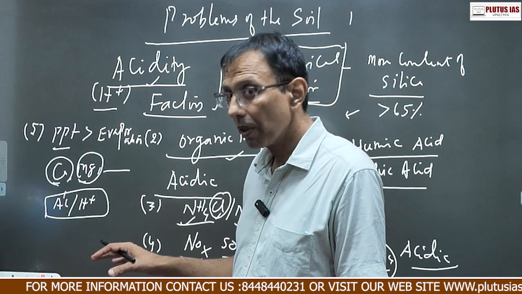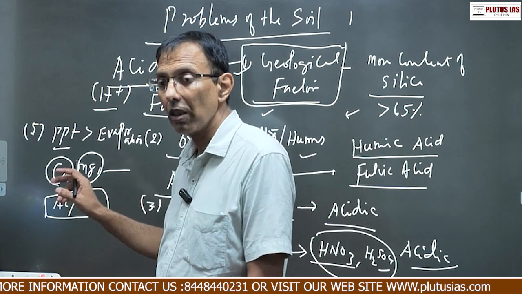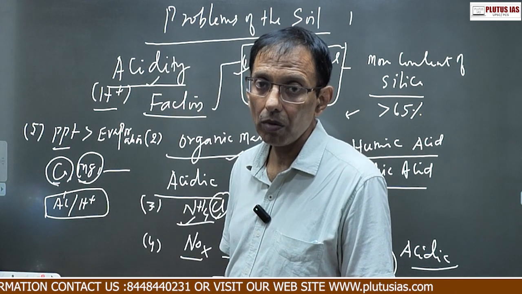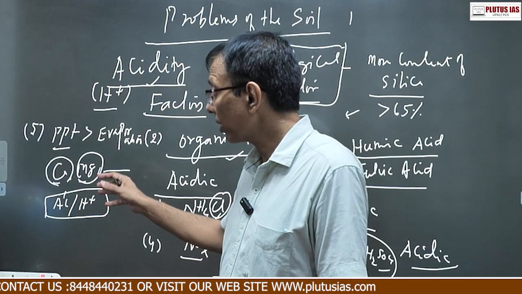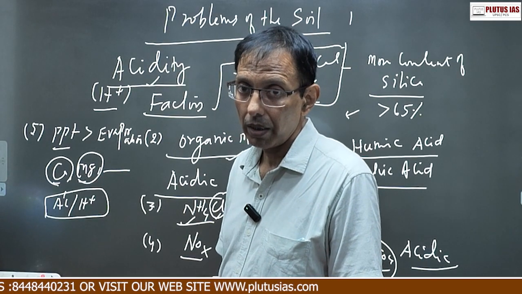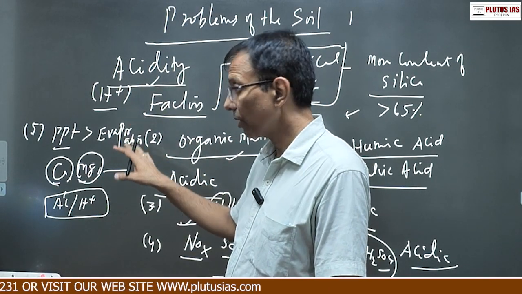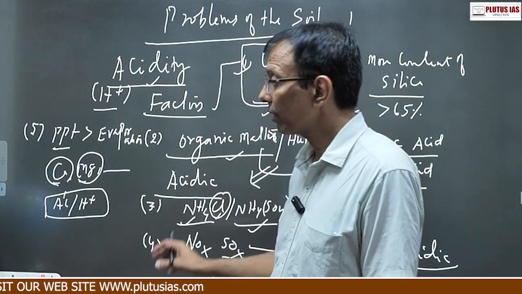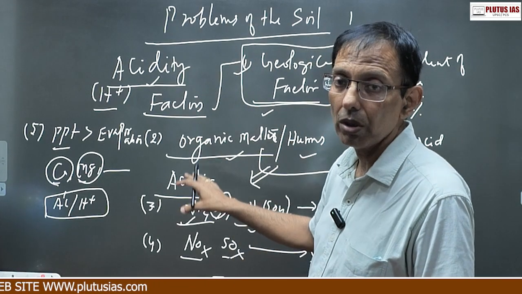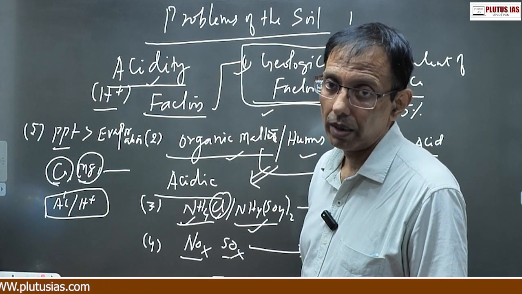Then the surface would contain aluminum, hydrogen and iron containing compounds which are acidic in nature, right? So these are the basic factors how acidity is caused in the soil, right?